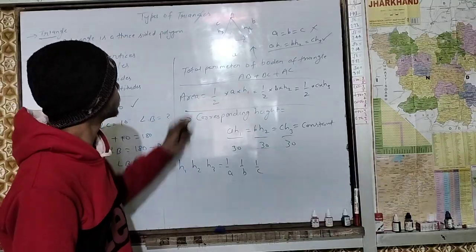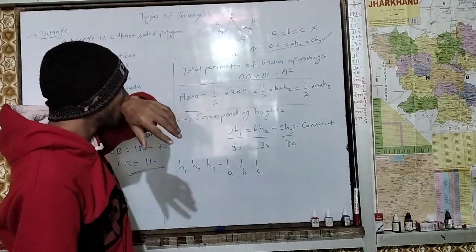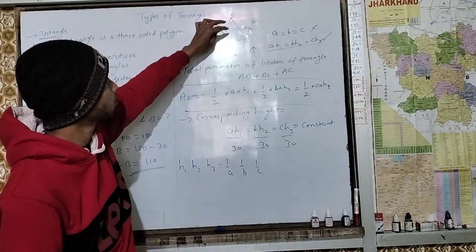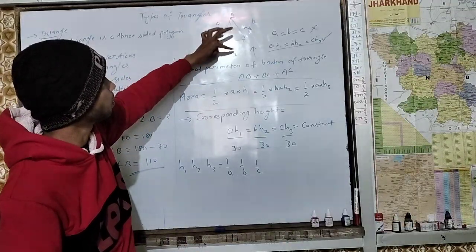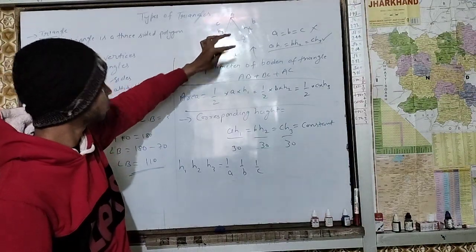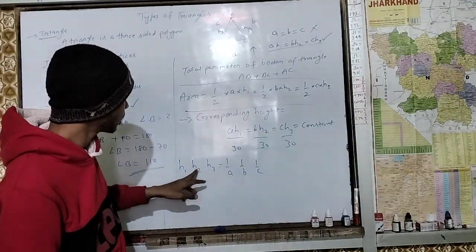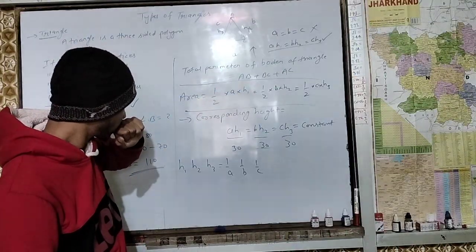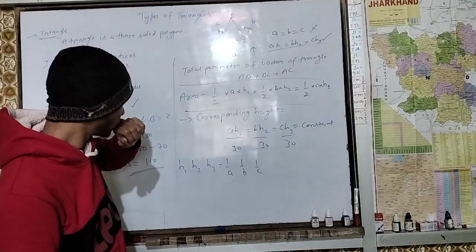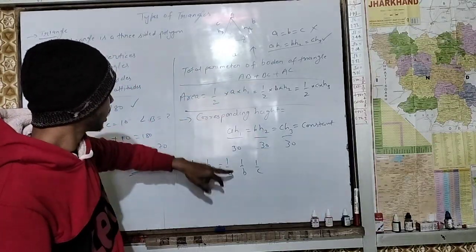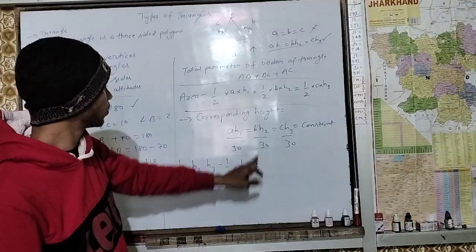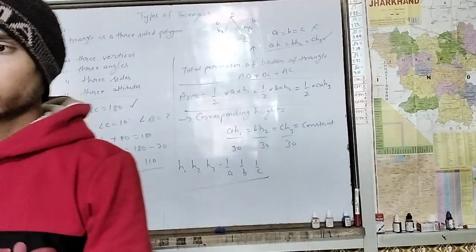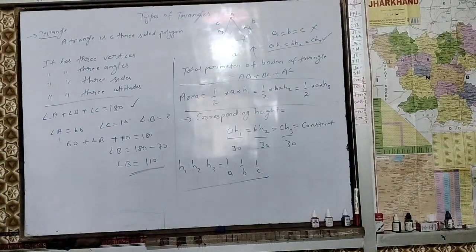H1 is equal to 1 upon A. H2 will be equal to 1 upon B. H3 will be equal to 1 upon C. We wrote this in terms of ratio.